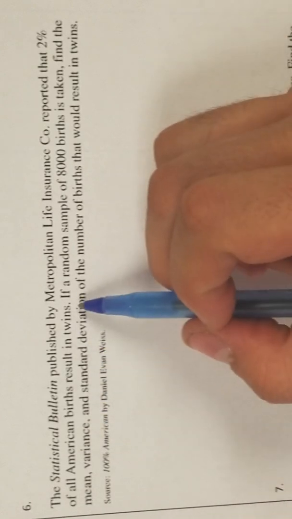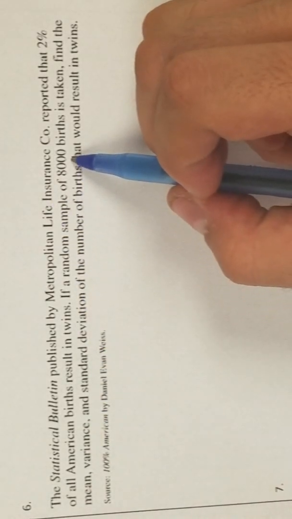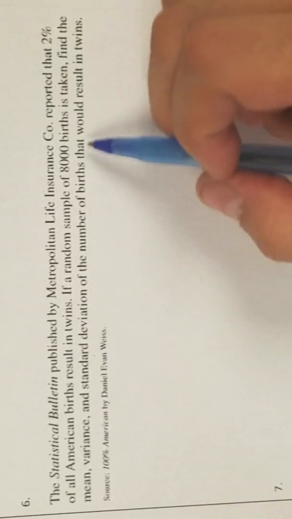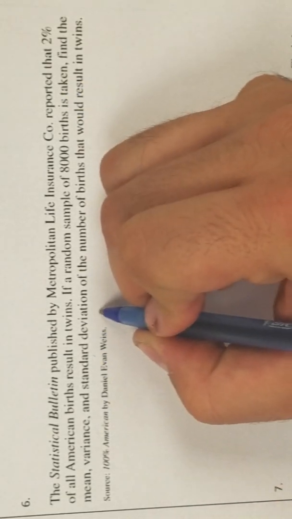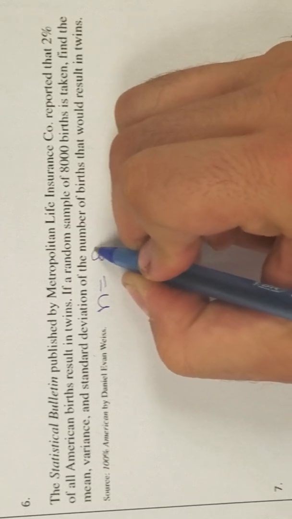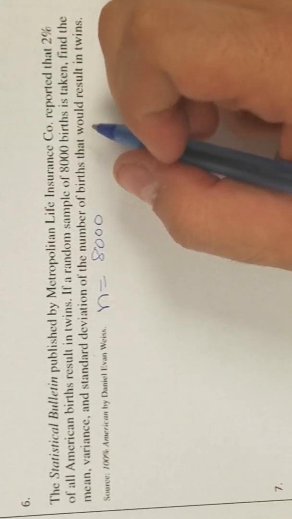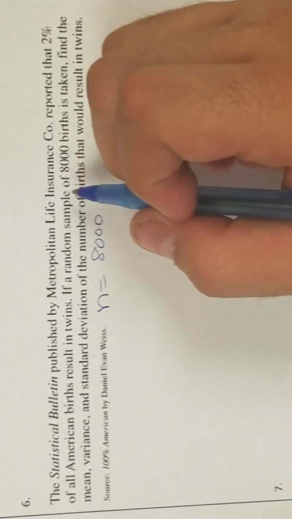So number 6, we're going to do the same idea here. It says it was reported that 2% of all American births result in twins. If a random sample of 8,000 births is taken, find the mean, variance, and standard deviation for the number of births. So we need to find n. In this case, we're looking at 8,000 births. Now this is a binomial because you can either have twins or not twins, right?